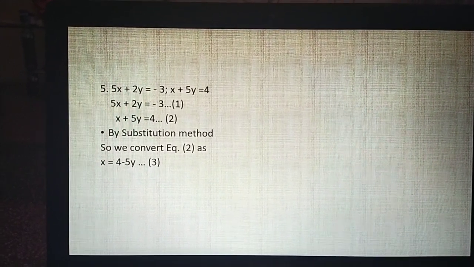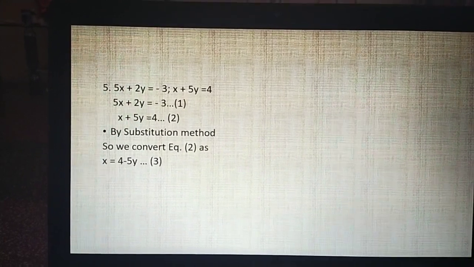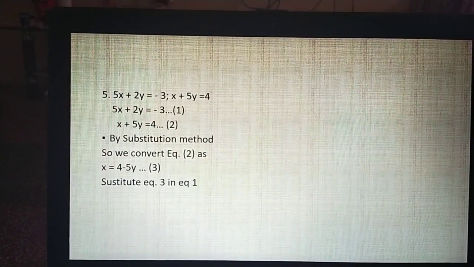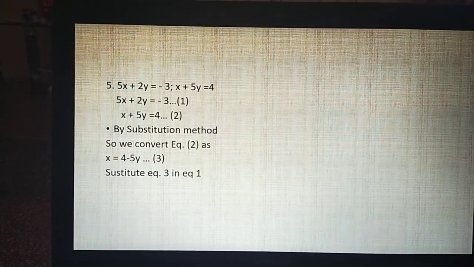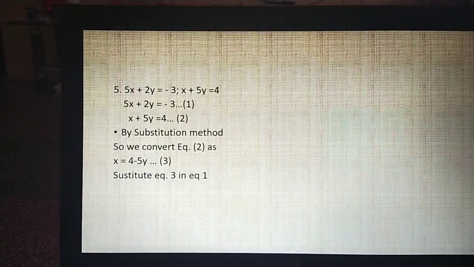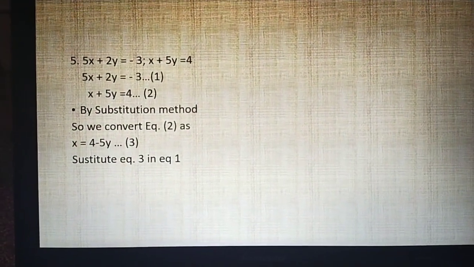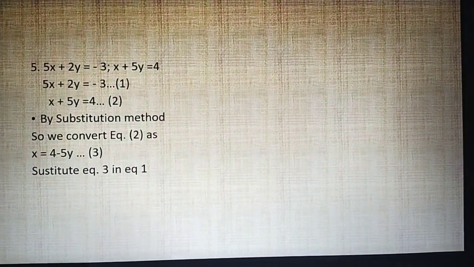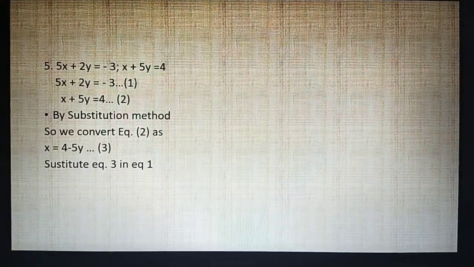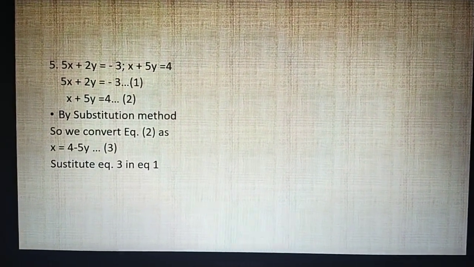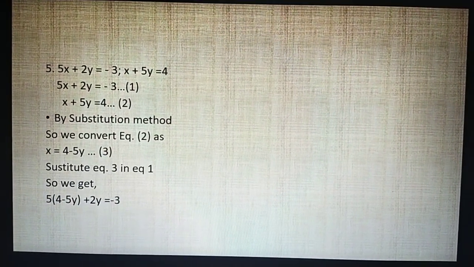We number it as the third equation. Now we will use this equation in equation 1. So we substitute the third equation in equation 1. So what do we get? What is our first equation? Our first equation is 5x plus 2y is equals to minus 3. So remember, if the minus sign is there, you need to write the minus sign. So we get 5 in bracket.